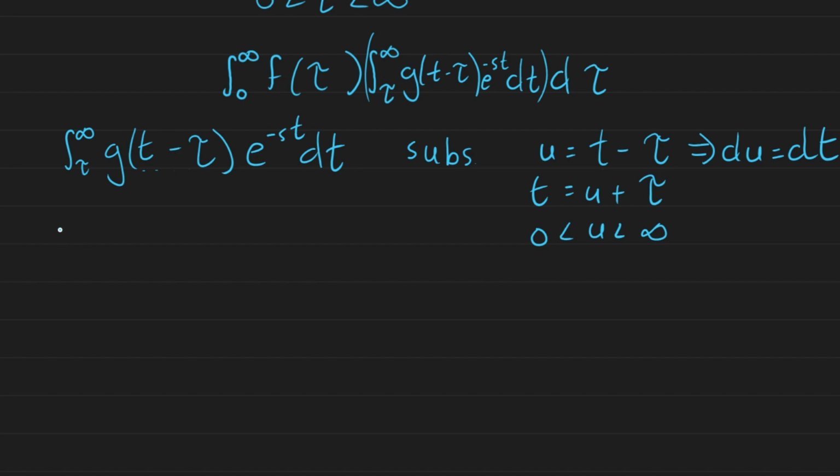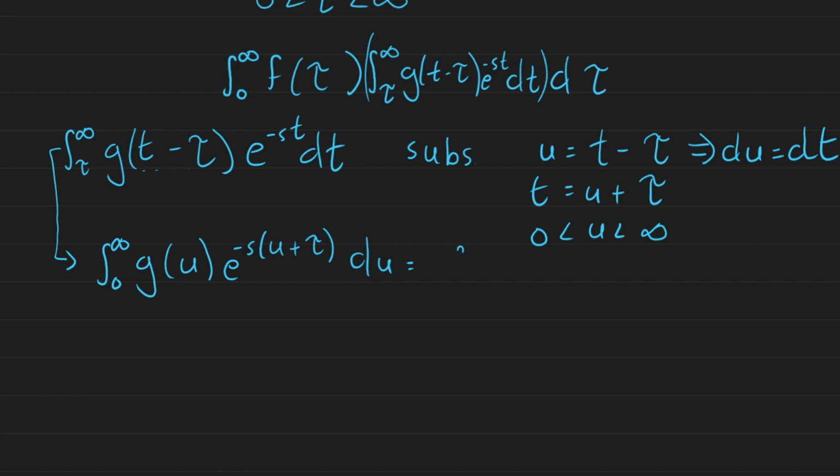So let's write this in terms of u. We have the integral of u going from 0 to infinity of g of u times e to the minus st. However, t is u plus tau, so we incorporate that. Then we have du, because dt is equal to du. We can separate out these exponents.